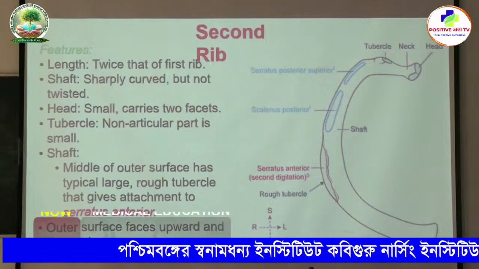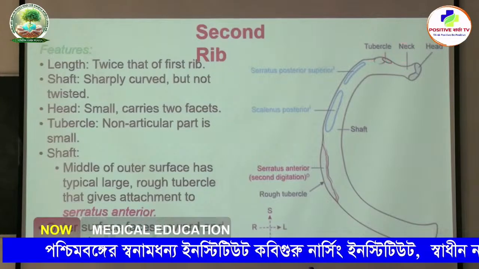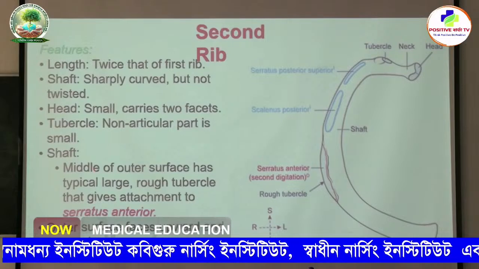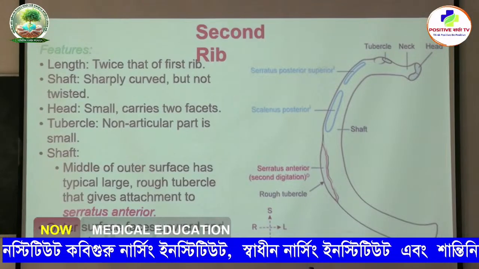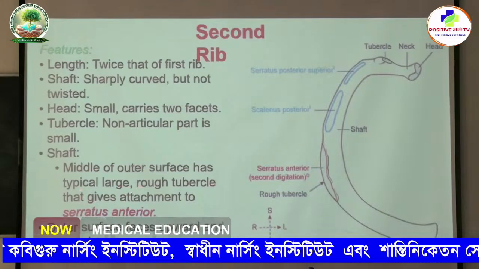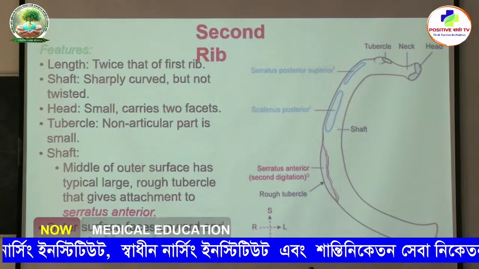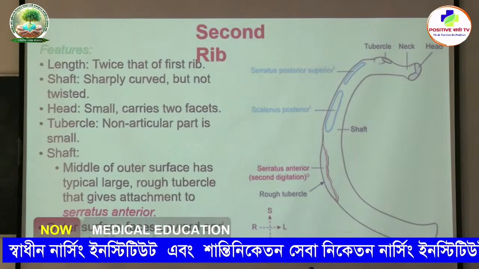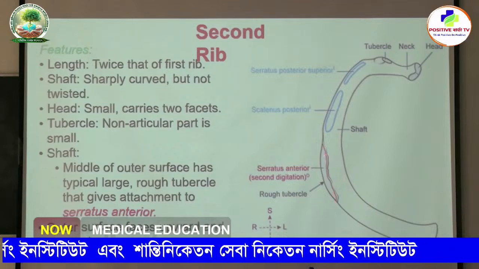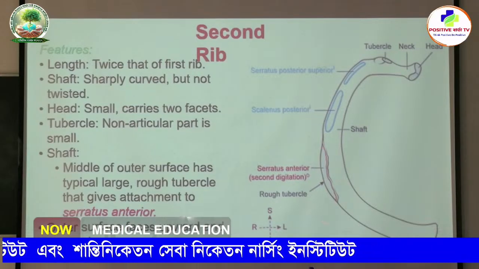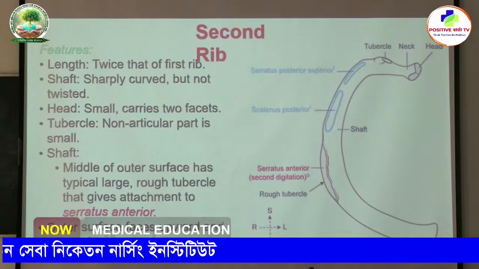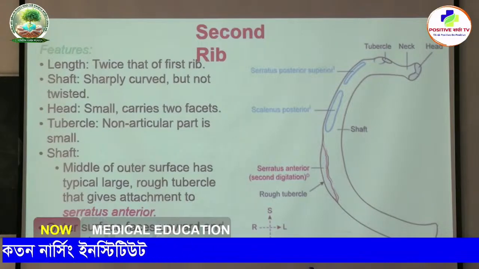In the middle of the outer surface of the shaft there is a typical large rough tubercle that gives attachment to serratus anterior. Here, this rough area gives attachment to serratus anterior. The outer surface faces upward and outward.